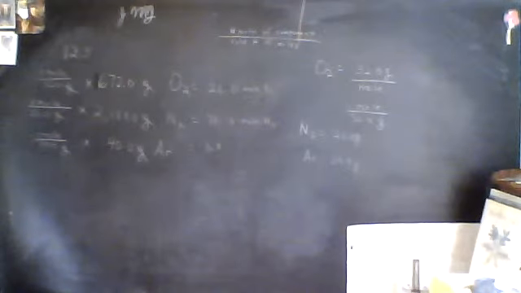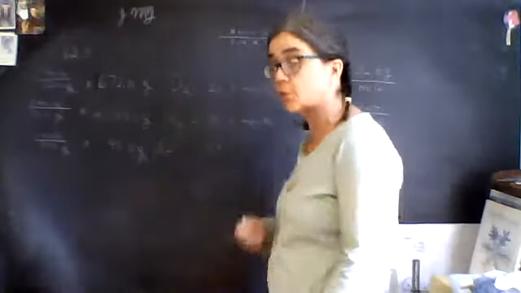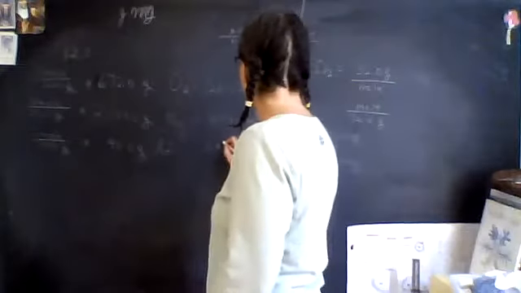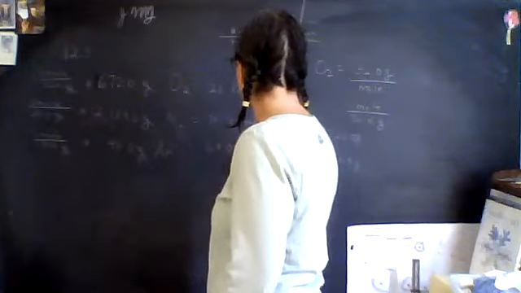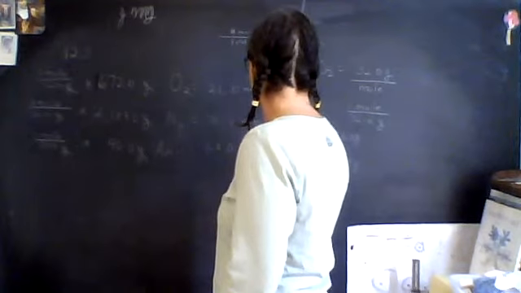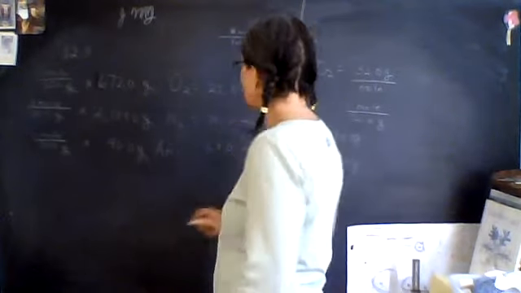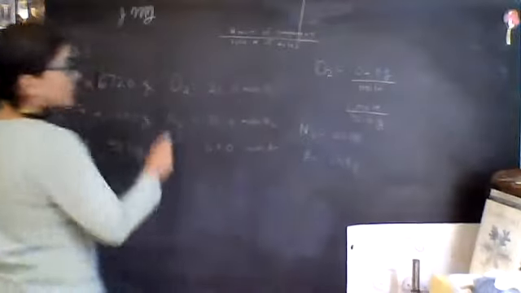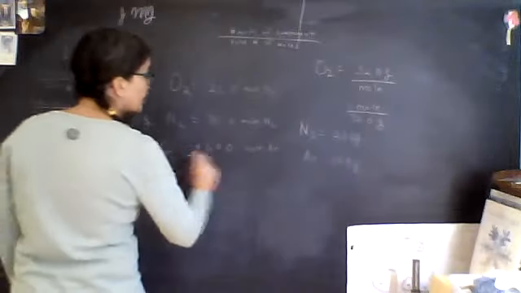Since the 2 isn't big enough for me to round up, I report 1.00. If it was a 9, then I would report it as 1.01. So I'm going to say 1.00 moles of argon.